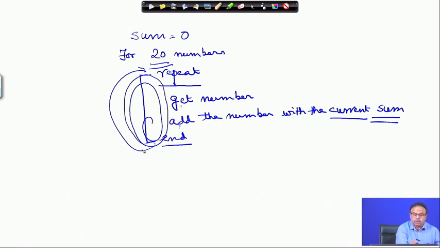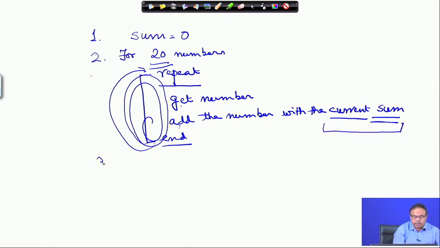Then what I have to do? So, this was step 1, this was step 2, this was step 3. I am sorry, actually, this is the second step which I did 20 times, and after that I have got all the numbers added.